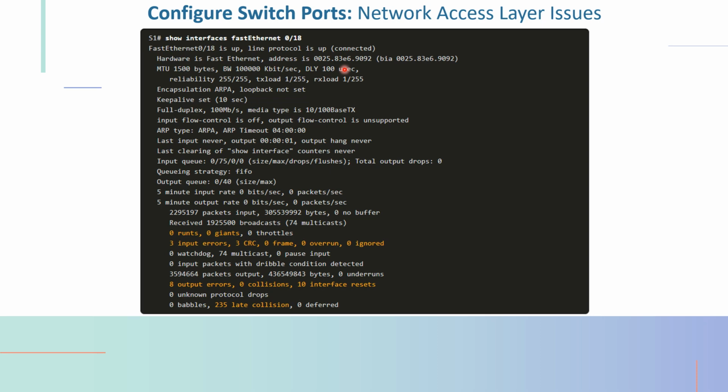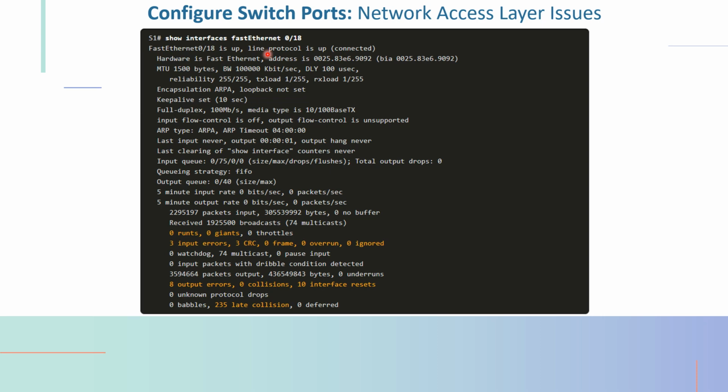The first parameter says that FastEthernet 0/18 is up, which refers to the hardware layer and indicates whether the interface is receiving a carrier detect signal. The second parameter, the line protocol, is up, which refers to the data link layer and indicates whether the data link layer protocol keepalives are being received.